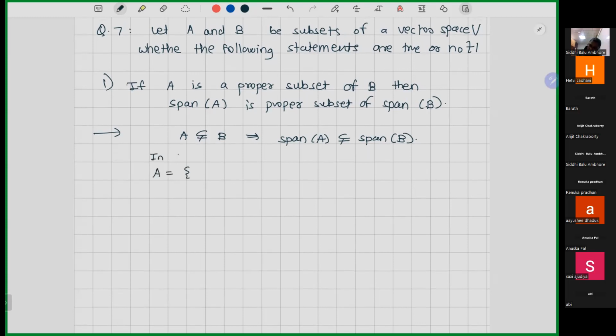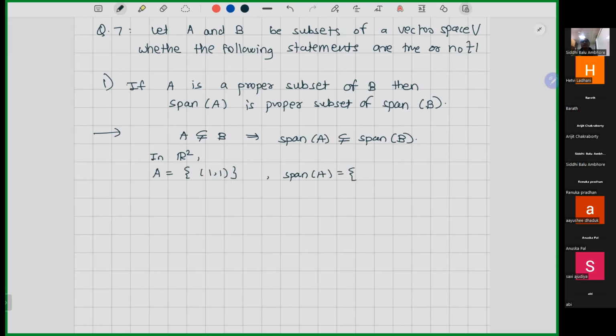We will talk about R2, over R, so R is our base field. Let A be just 1 comma 1. Okay. So what is span of this A?